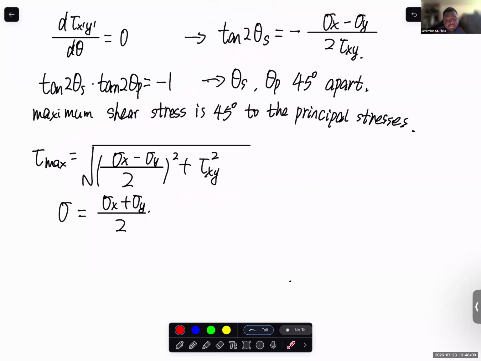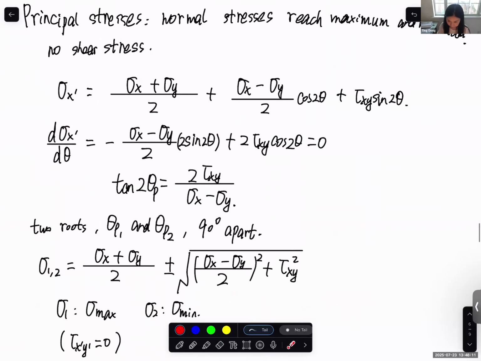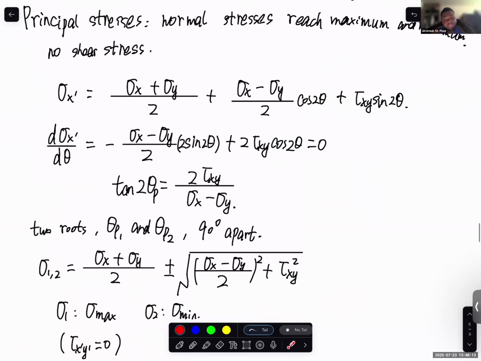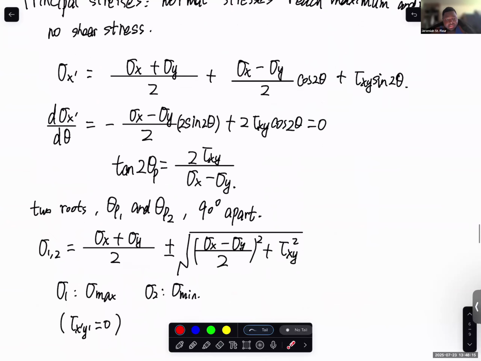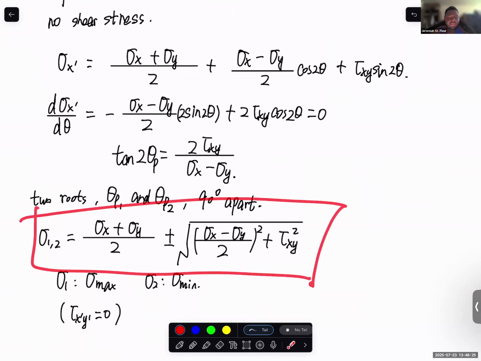I had a question. Wow, that's a smart question. Yeah, go back to the principal stresses. Let's say we find theta p. If we plug theta p back into the sigma x prime formula, that would give us the maximum. That would give us this formula basically.